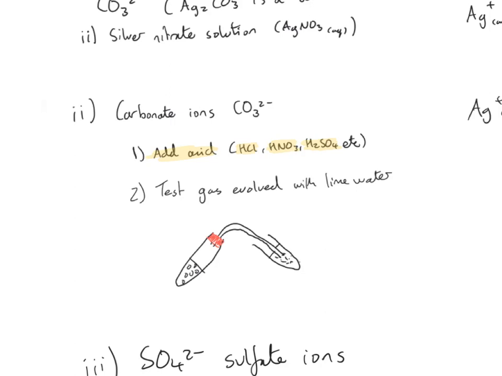So any acid, you could have a carboxylic acid like ethanoic acid as well, it doesn't matter. It should involve a gas, which when tested with lime water, should give you a cloudy precipitate.